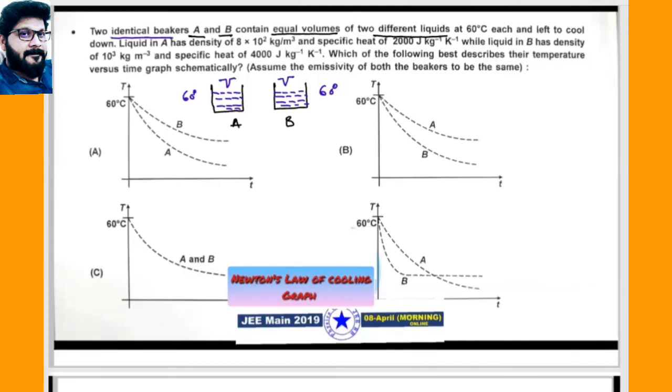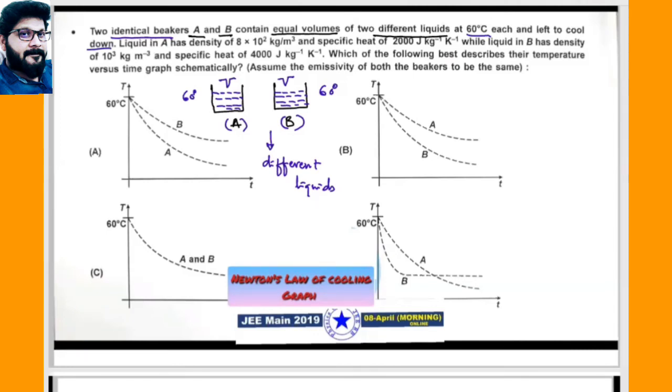The two liquids are different, A and B, at 60 degrees each, and left to cool down. That means they are allowed to cool down in the surroundings.